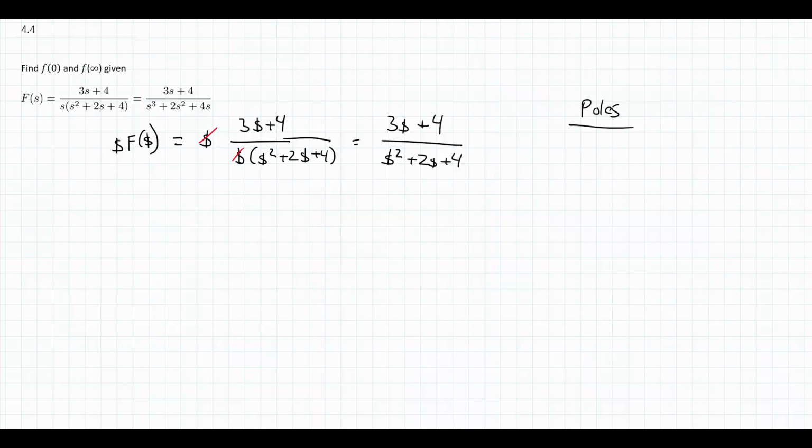We have two poles, since it is quadratic, and they are -1 plus or minus j root 3. So -1 plus j root 3 and -1 minus j root 3 are the two poles of s times F of s.